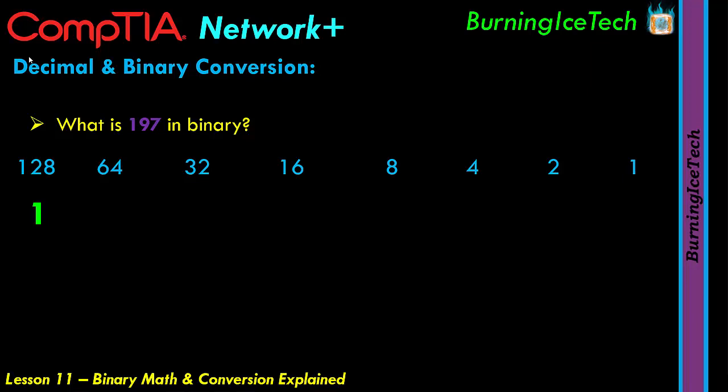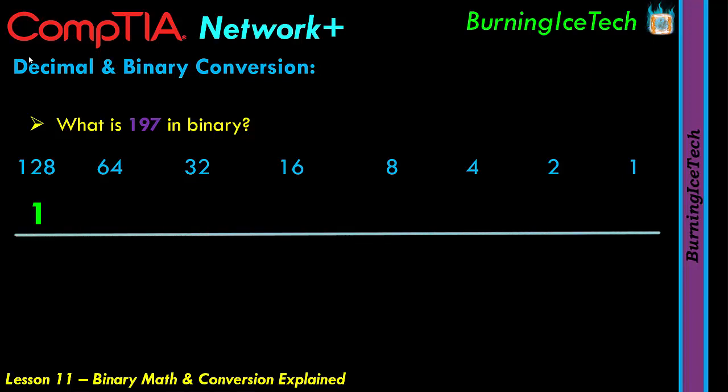Since 128 is less than or equal to 197, we're going to make a 1, and below this 1, we're going to add another number. We take the 128 and subtract it from that 197. What does that give us? 69.